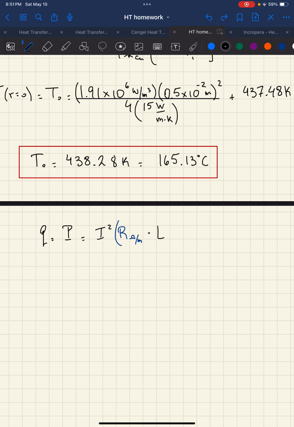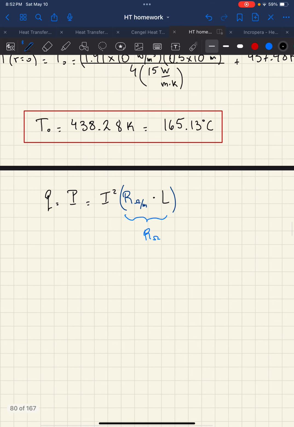Now, this thing in parentheses will be in ohms. So this will basically give you R in ohms, and then all is right with the world. Everything makes sense. So basically now, you just solve for the current. Let me just write it one more time. So Q is going to be I squared times R in units of ohm per meter, times the length, like so. And now I can solve for I.